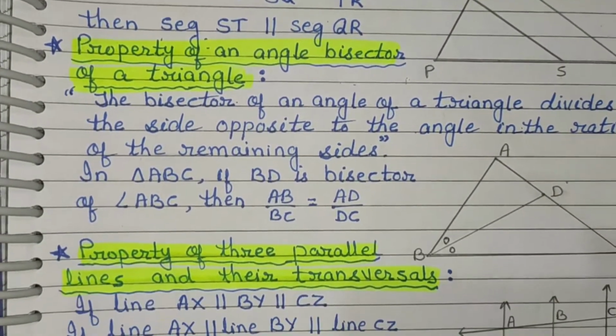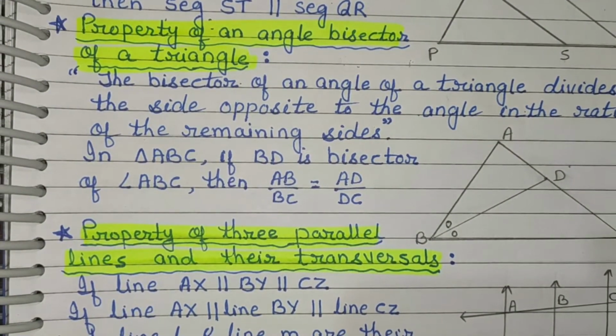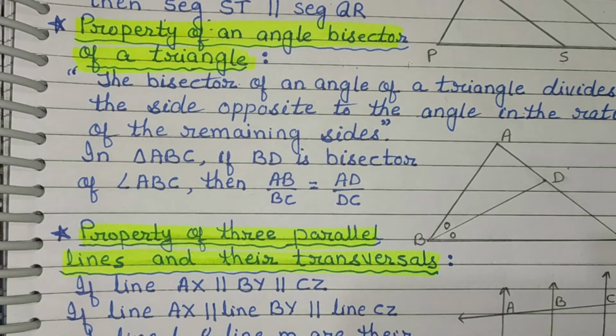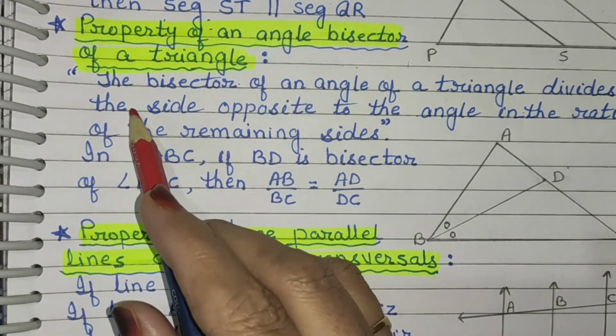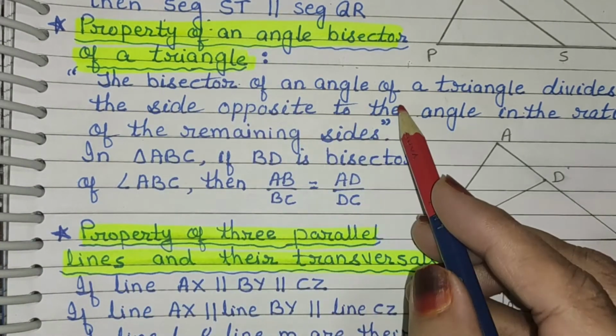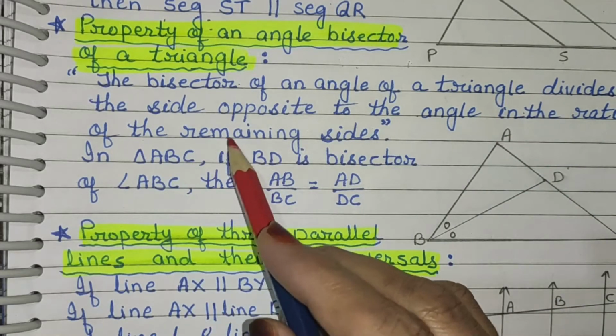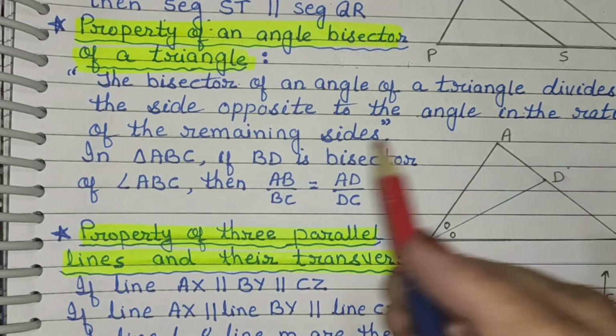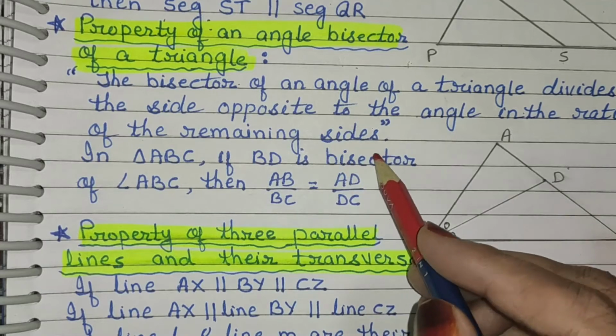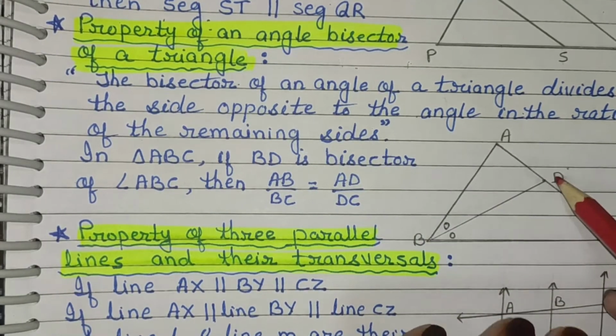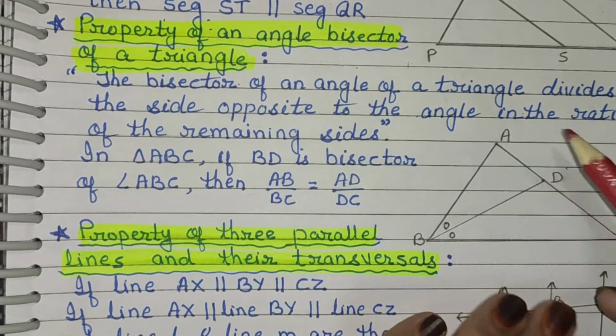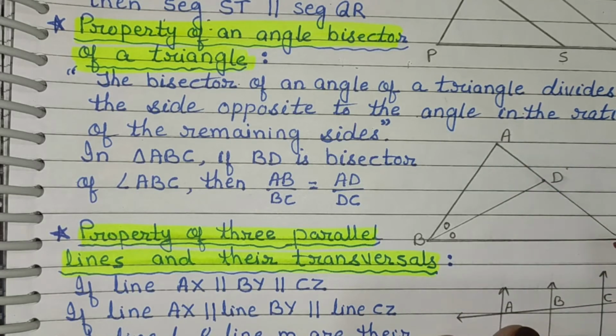Now next one is the property of an angle bisector of a triangle. The bisector of an angle of a triangle divides the side opposite to the angle in the ratio of the remaining sides. Look at here. BD is the bisector of angle ABC.